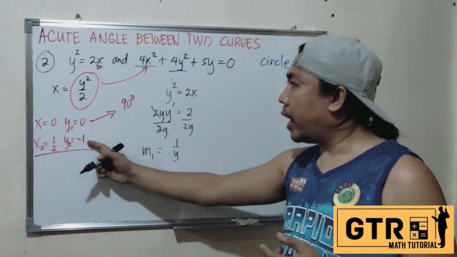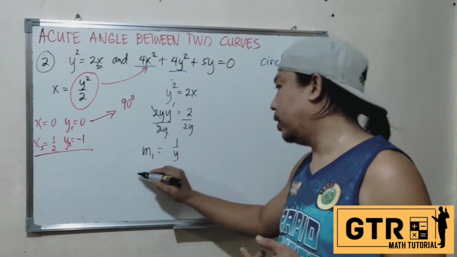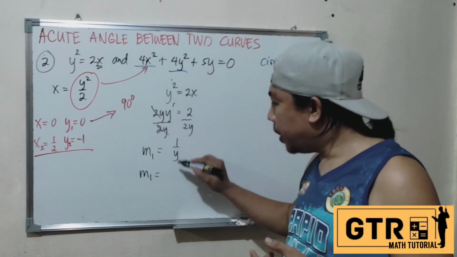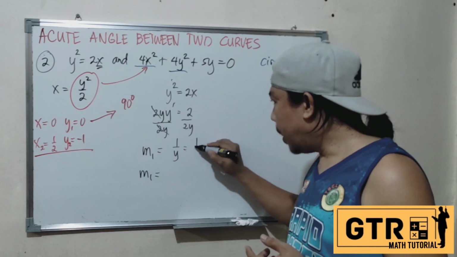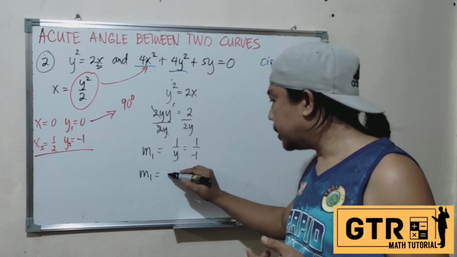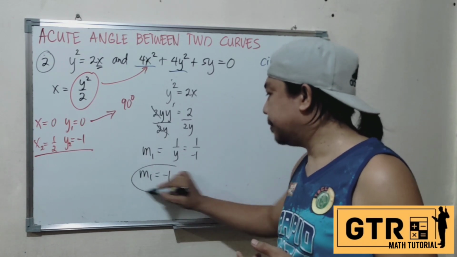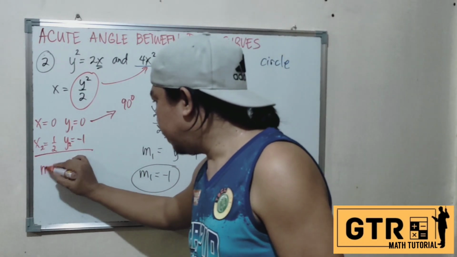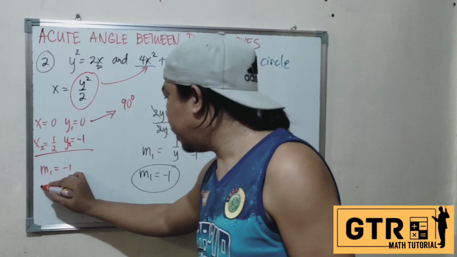But the value of y is negative 1. So m sub 1 equals 1 over negative 1, which is equal to negative 1. So m sub 1 equals negative 1.